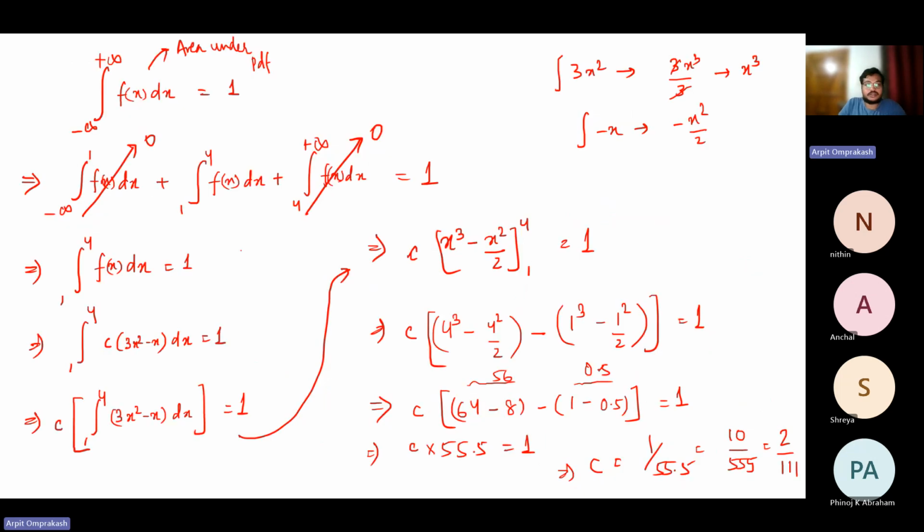What we are doing here is we are basically dividing that integral into 3 parts. So we have f of x dx. Now the limit is changed from minus infinity to 1. Here it's from 1 to 4, and here it's from 4 to plus infinity. So we are basically segmenting it into 3 parts.